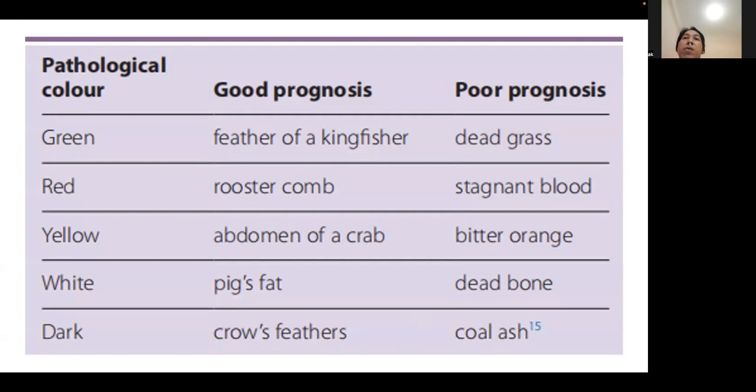Pathological color yellow, the good prognosis is the abdomen of a crab. Bitter orange is a poor prognosis. In pathological color white, the good prognosis is pig's fat. Dead bone color is the poor prognosis. And pathological color dark, the good prognosis is crow feather and coal ash is the poor prognosis.